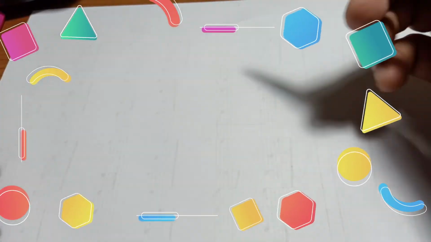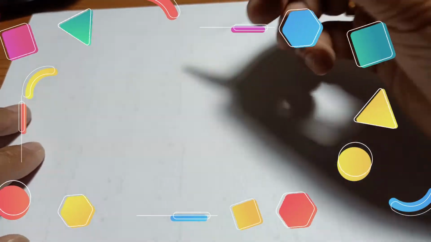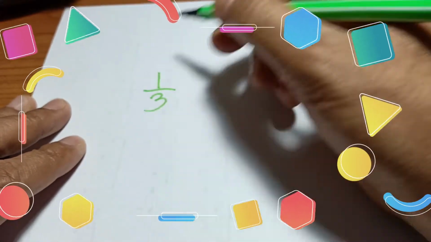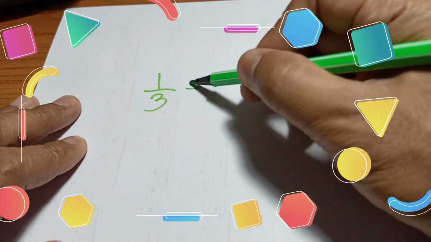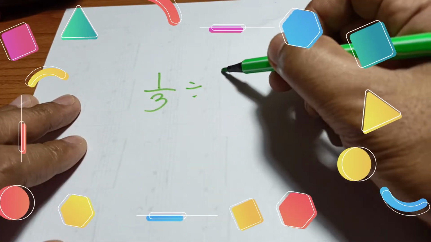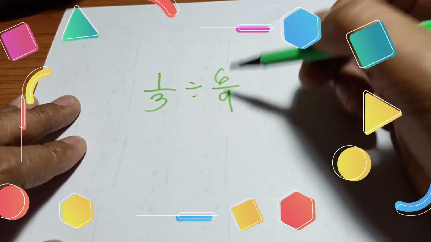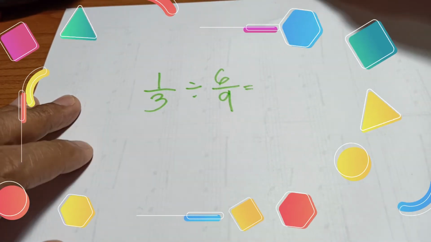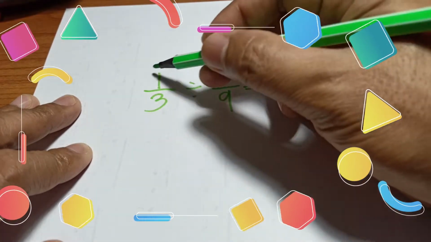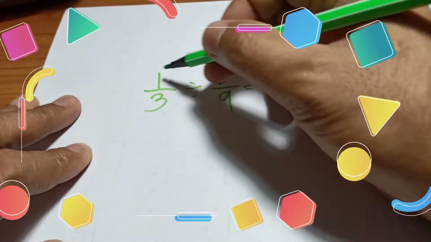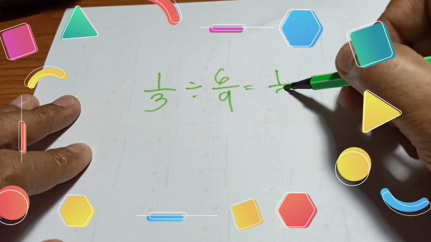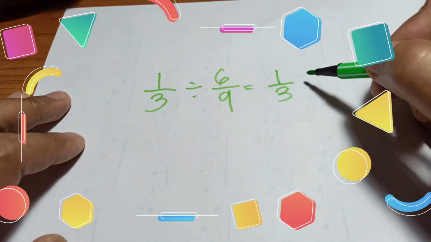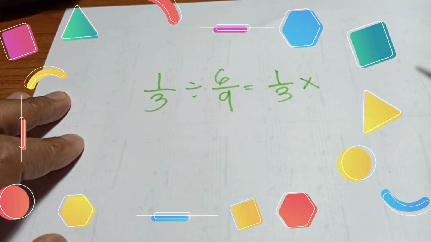For the second example, let's say you have 1/3 divided by 6/9. Again, what is our first step? Our first step is to copy the dividend, the first fraction, so that is 1/3. Then instead of division, we change it into multiplication.